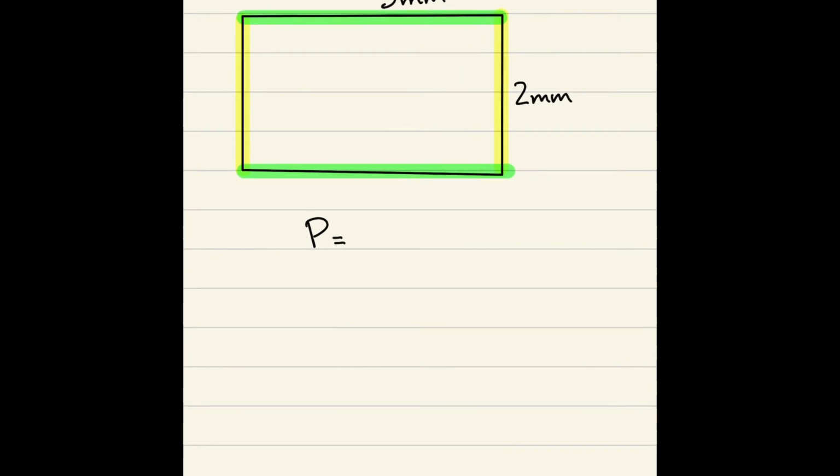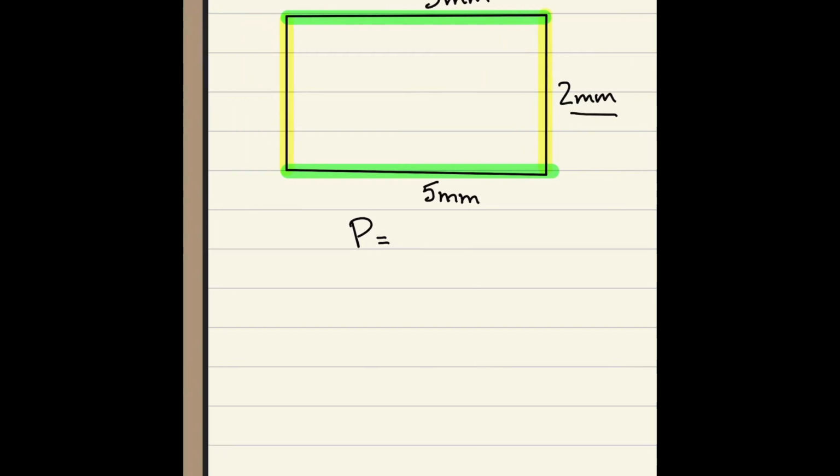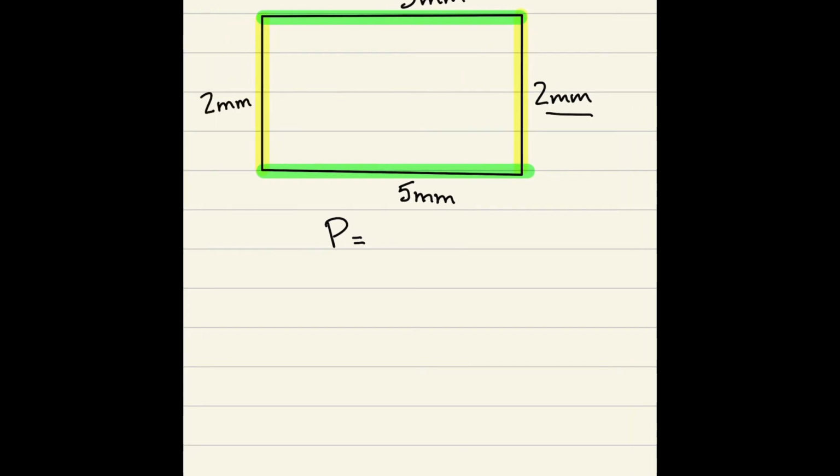So if this green side is 5 millimeters, then this other green side also has to be, you guessed it, 5 millimeters. And because this yellow side is 2 millimeters, the other side also has to be 2 millimeters. So now we can do our addition again. 5 plus 2 plus 5 plus 2, that gets us to 7 plus 7, which gets us to 14 millimeters.